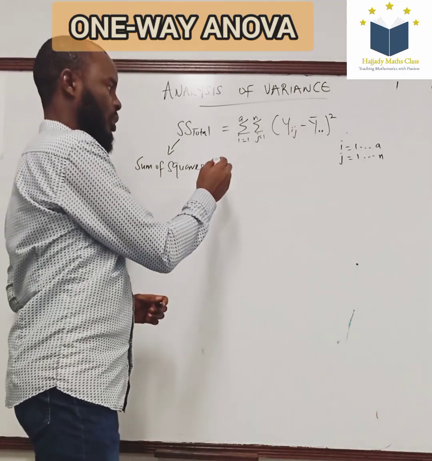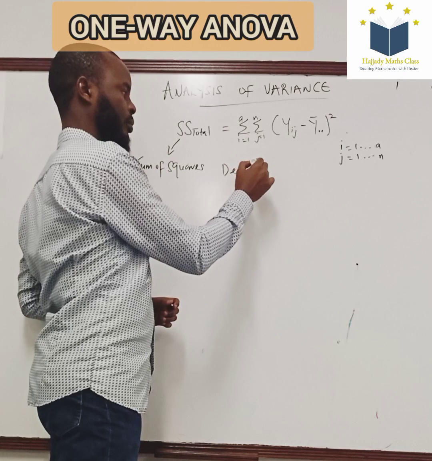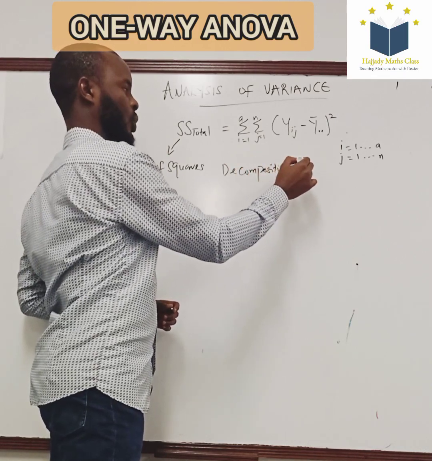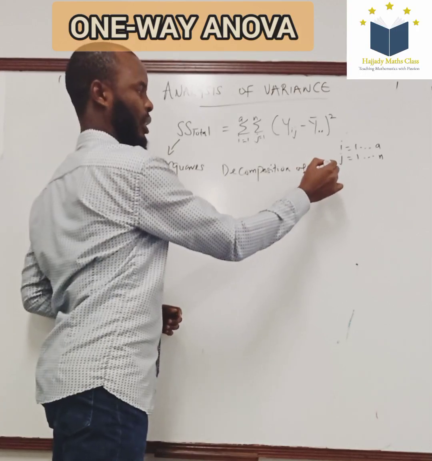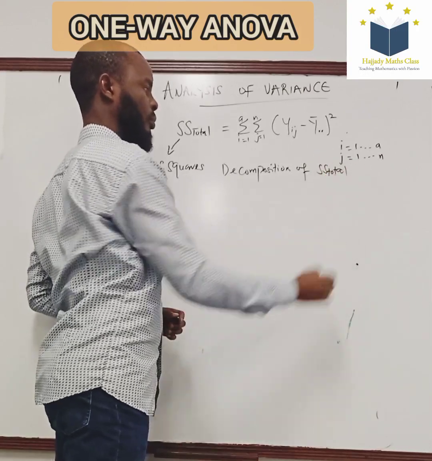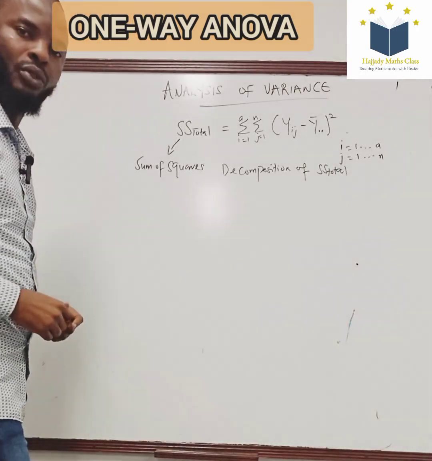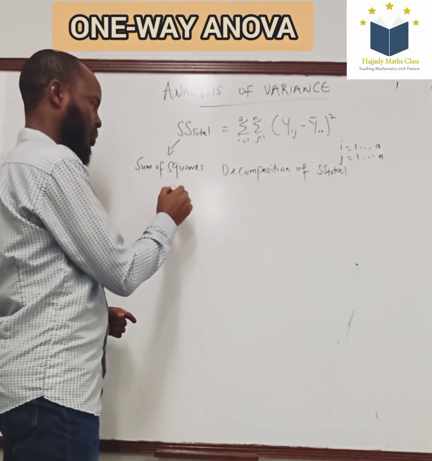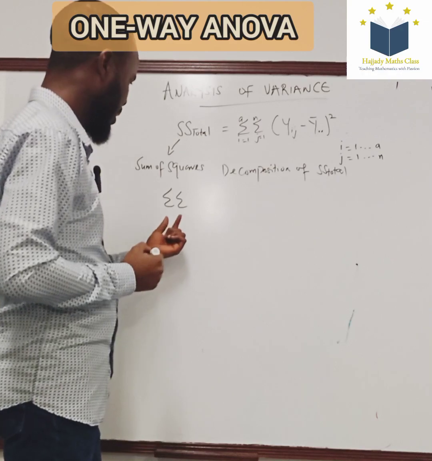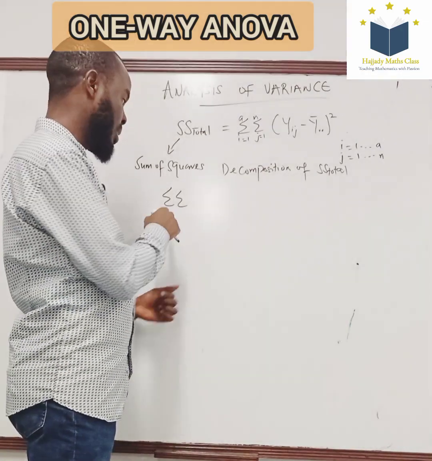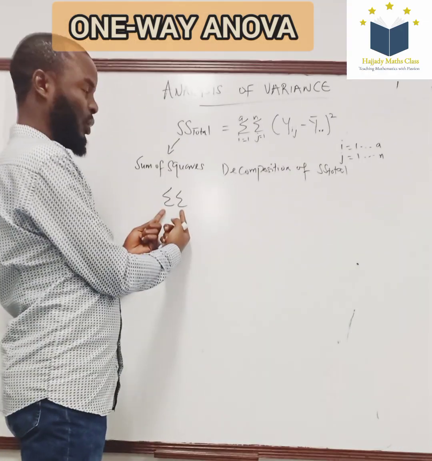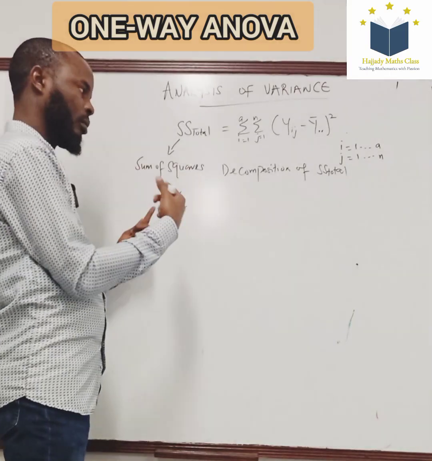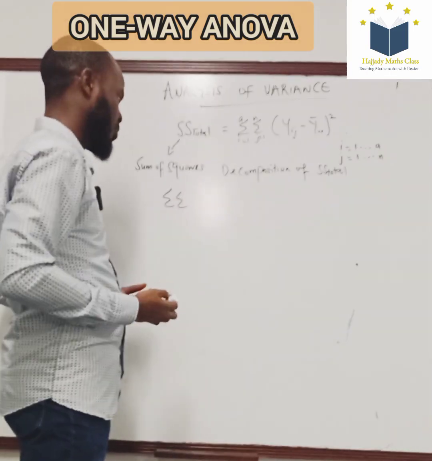Now we want to decompose this. So what we want to work on is the decomposition of our SS total. How do we decompose our SS total? That's what we want to work on. We have our SS total as a double summation. In this one, I'm going to omit the notation i to a, j to n, but when I need it, I'm going to make use of it.